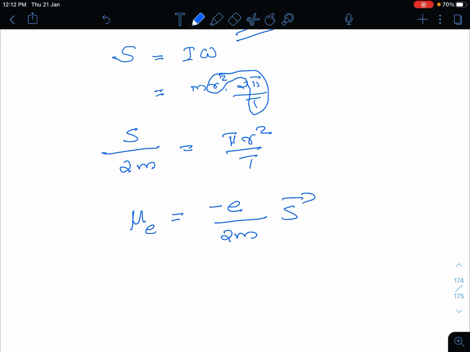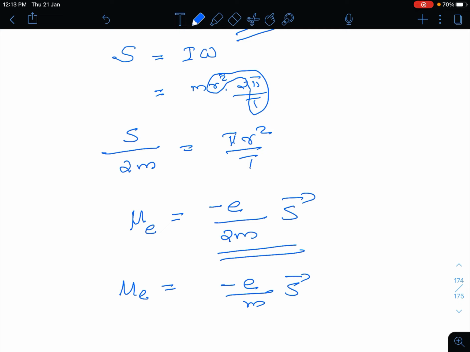The magnetic moment of the electron is actually twice this classical calculation, so we have to multiply by 2. Later we will find out why. So mu e, the electron's magnetic moment, is simply minus e by m S, multiplied by 2.